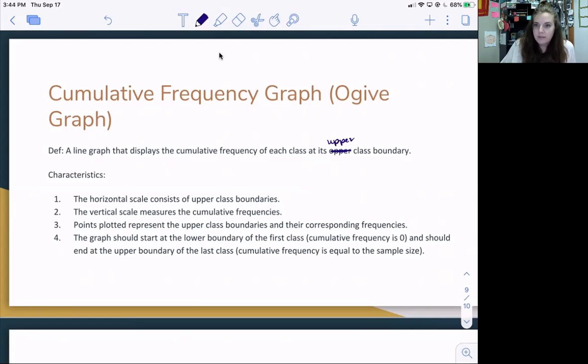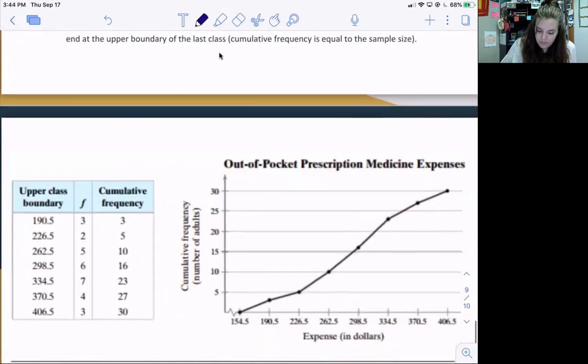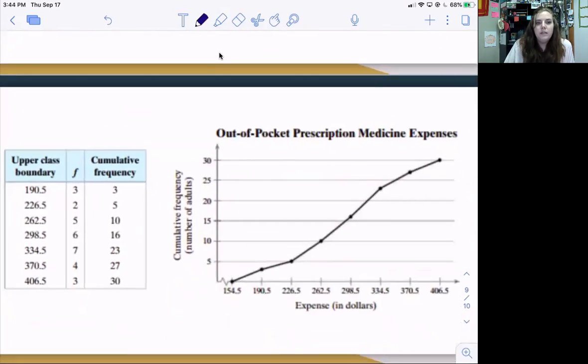and that cumulative frequency is equal to the sample size. Here we have our table, and we have our upper class boundary listed. Our first class boundary went from 154.5 to 190.5. Notice that's why here we're starting at 0 at 154.5.